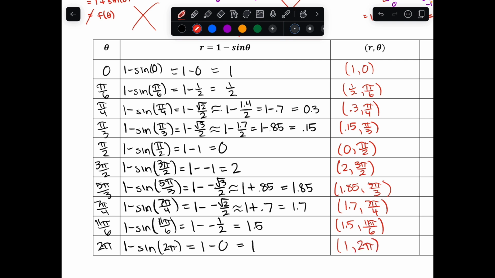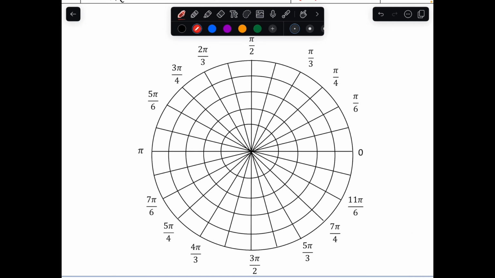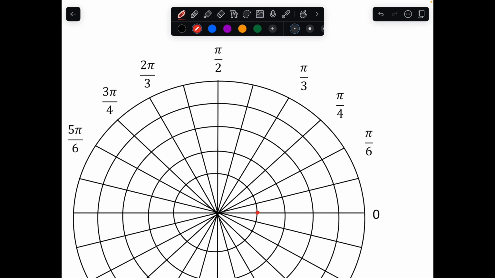Our starting point. So let's go ahead and graph all of these points in red. At an angle of 0, I had a value of 1. So we'll go out to this first circle and plot our point along the 0 angle. We then had a value of 1/2 at pi over 6. So we'll follow that pi over 6 angle and we'll do 1/2.